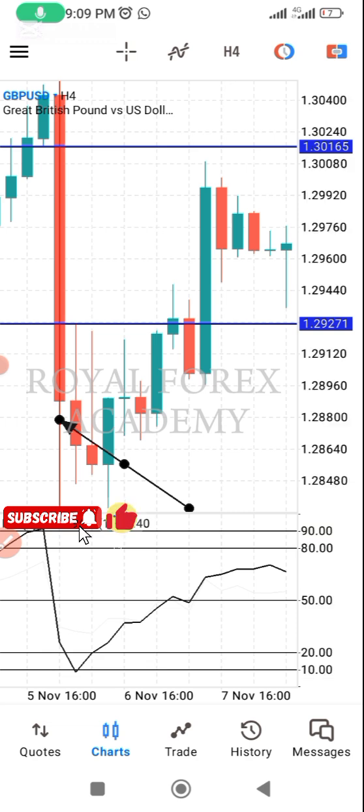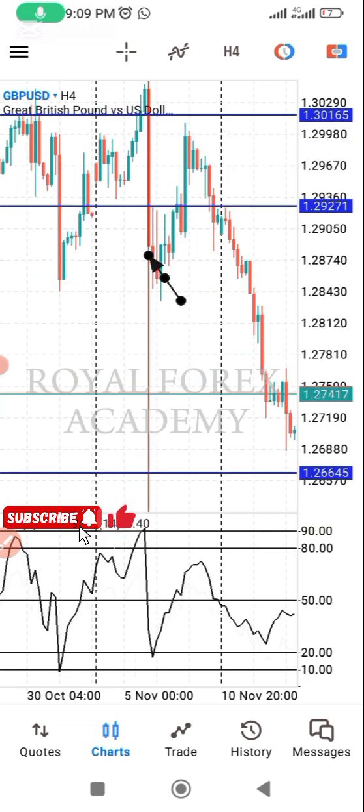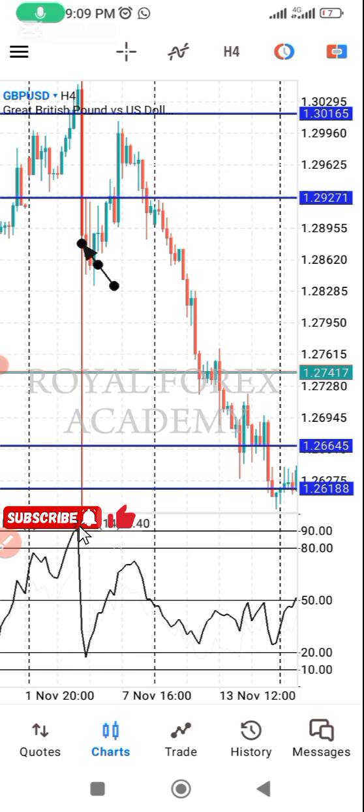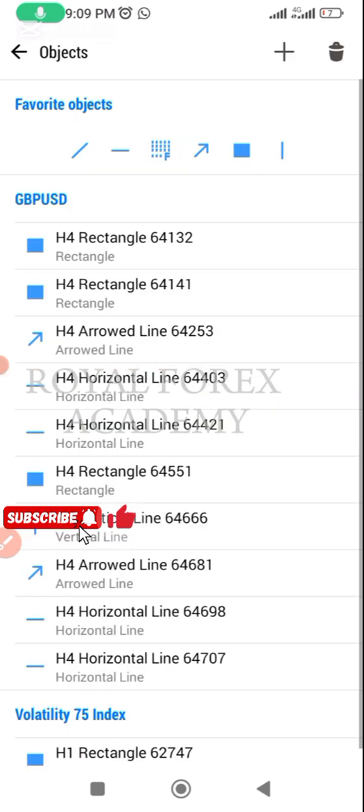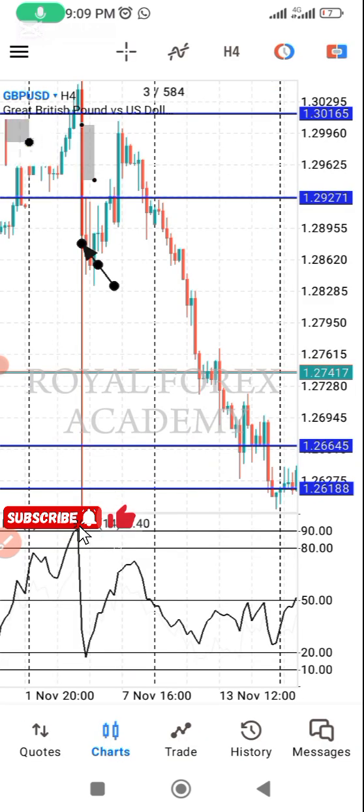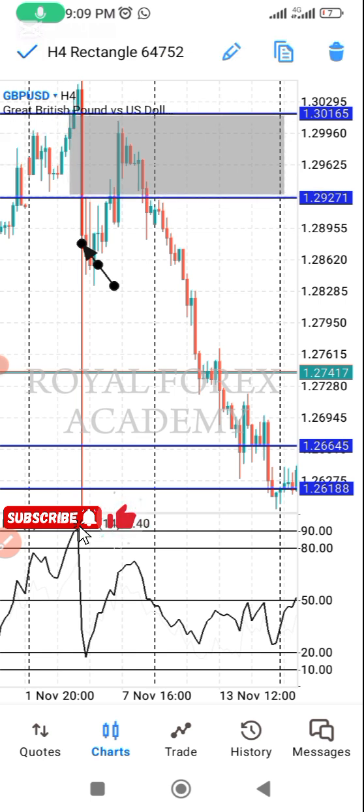Automatically, the space in between becomes our fair value gap. So this zone on this candle is what we refer to as our fair value gap.